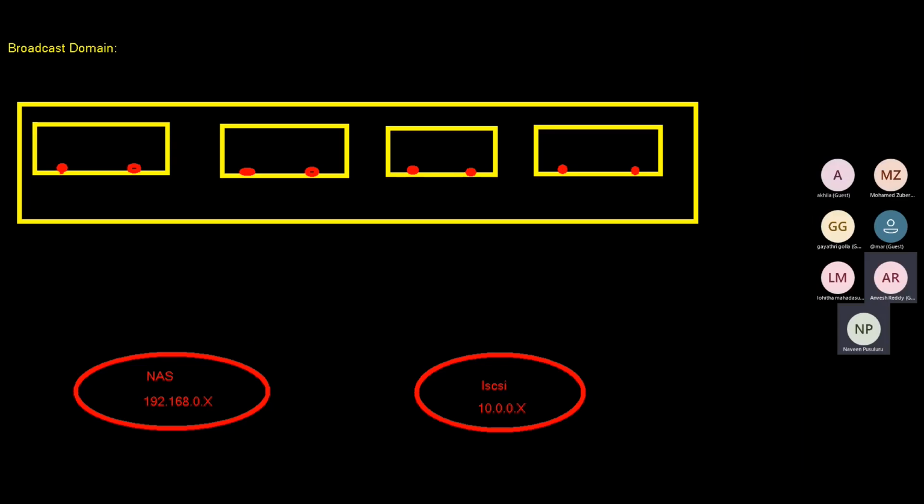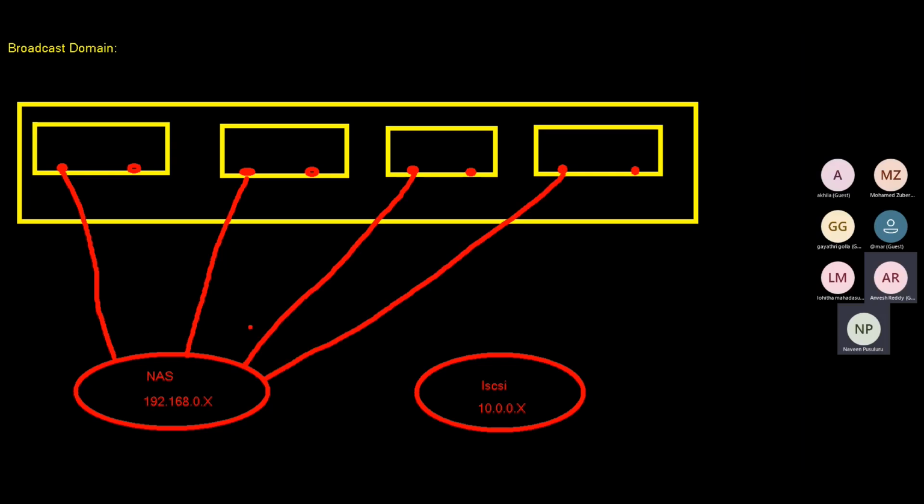Normally I want to use port ones on all nodes for NAS, and I want to use port twos on all nodes for iSCSI.